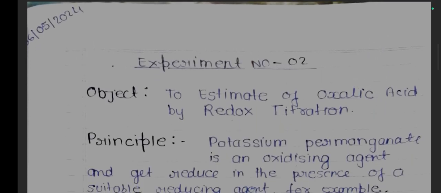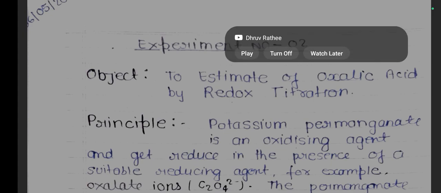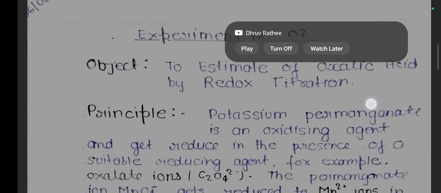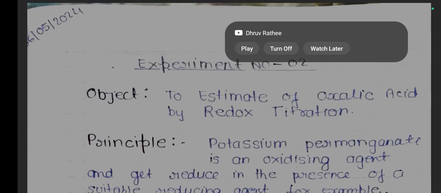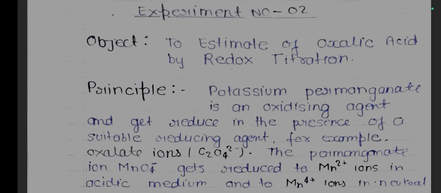And the next experiment, the object of this experiment is to estimate oxalic acid by redox titration. Here you can see what oxalic acid is and how we estimate this oxalic acid by redox titration.